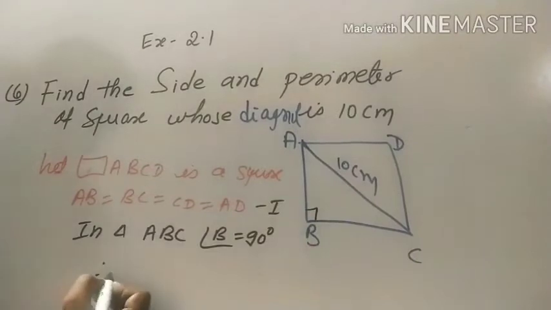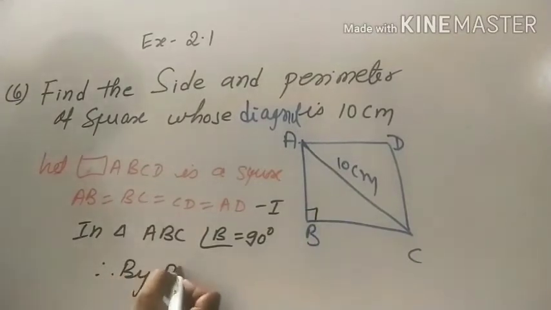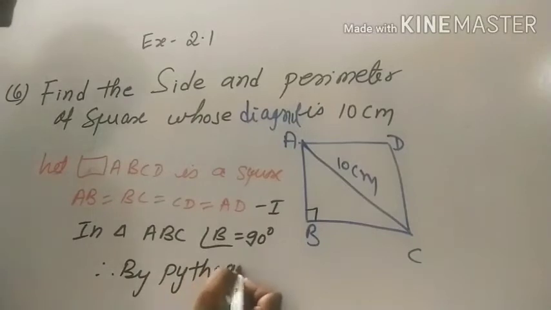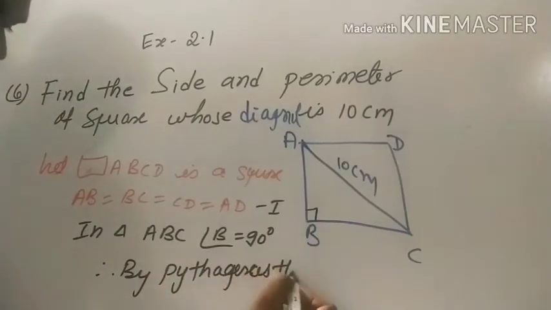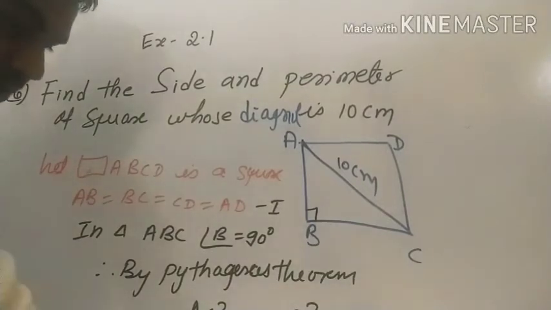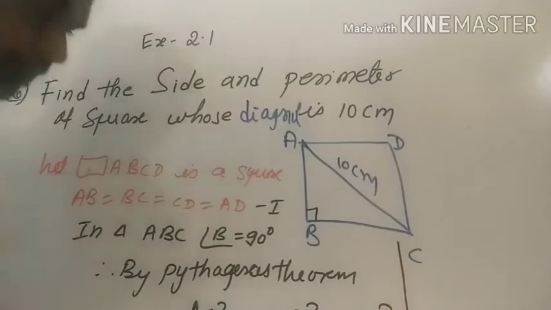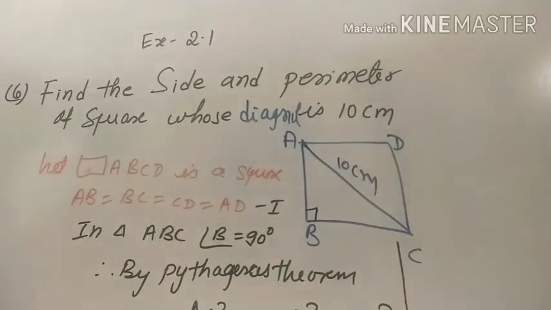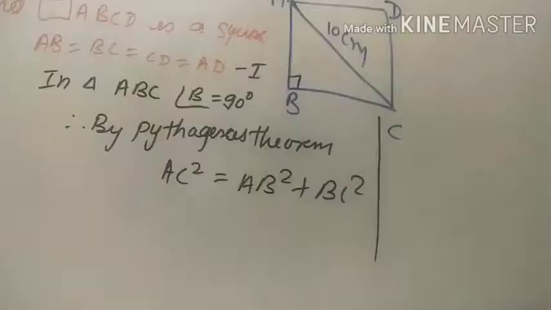Therefore by Pythagoras theorem, AC square is equal to AB square plus BC square.